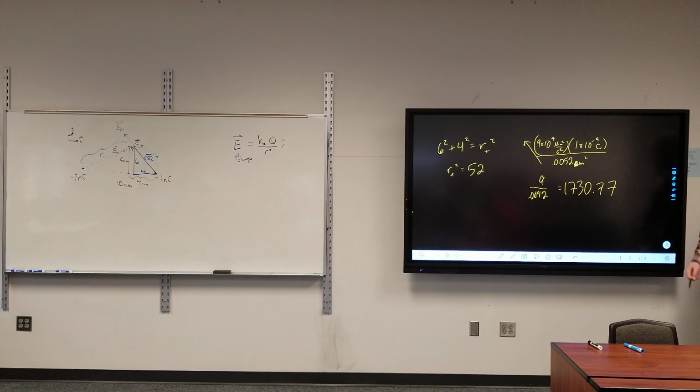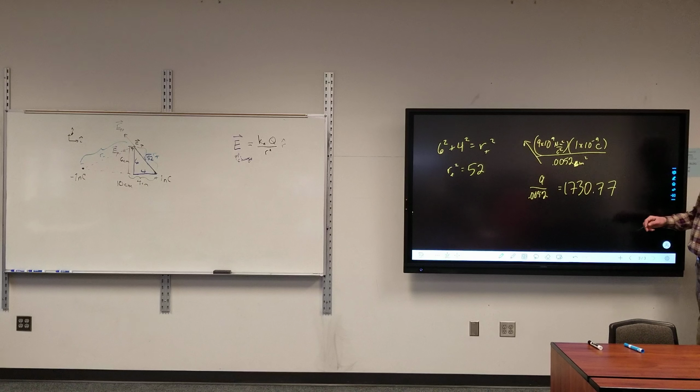I wish. What are the units? Coulombs per meter squared. If you're starting out, Skylar, with newtons, then so far so good. If you're ending with newtons, then you know.